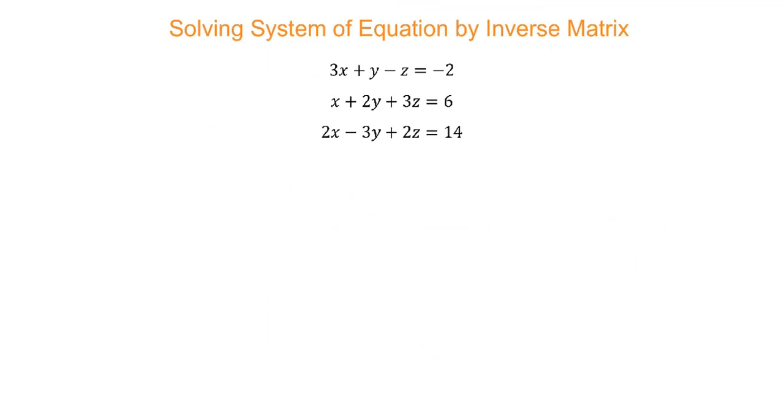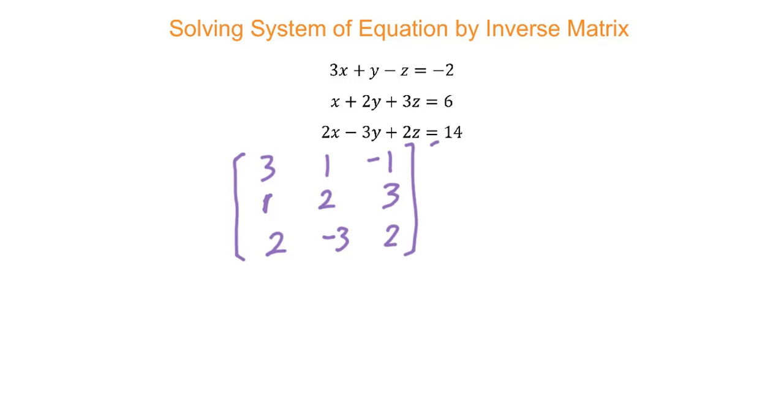Now let's go to solving a system of equations by inverse matrix. This is a 3 by 3 matrix. So first of all, we will write down this system of equations in matrix form. You will get [3, 1, -1; 1, 2, 3; 2, -3, 2] times [x; y; z] equals [-2; 6; 14].